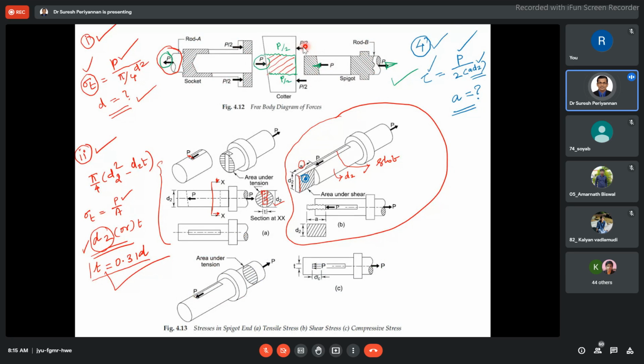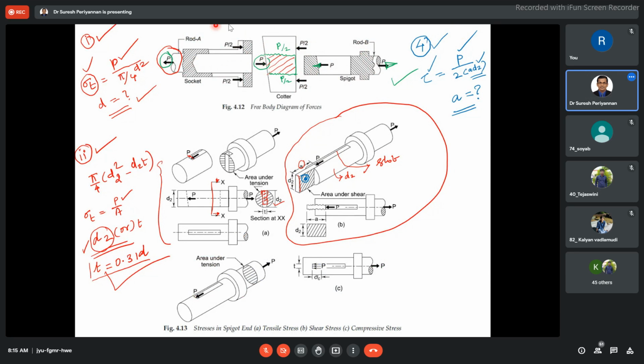Here P by 2 on top and P by 2 at the bottom because of 2 shears, hence P by 2. Because of the hollow region, the same amount of force acts in the opposite direction. The summation of forces on the cutter is also going to be 0, so it is in mechanical equilibrium.